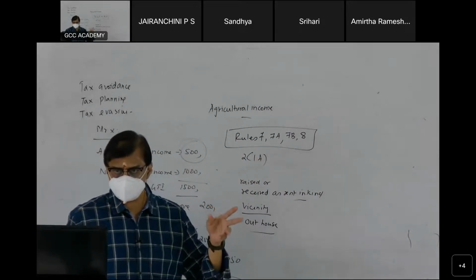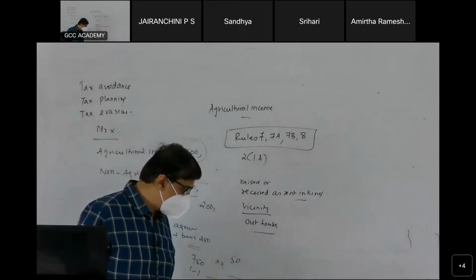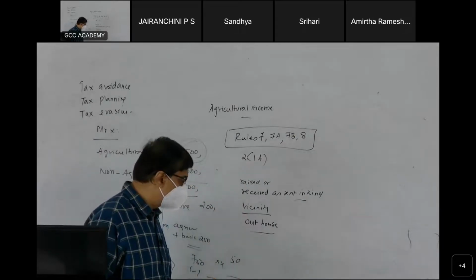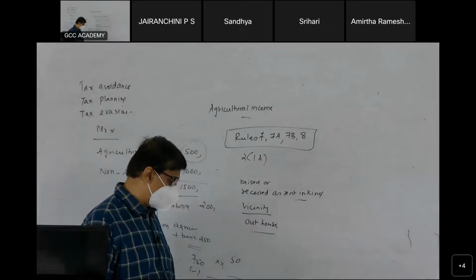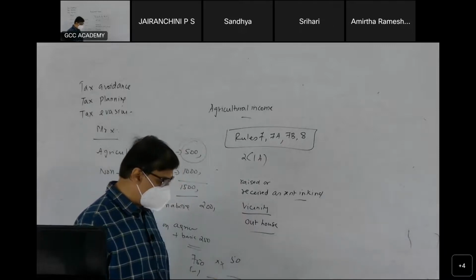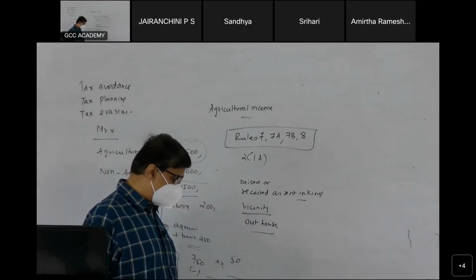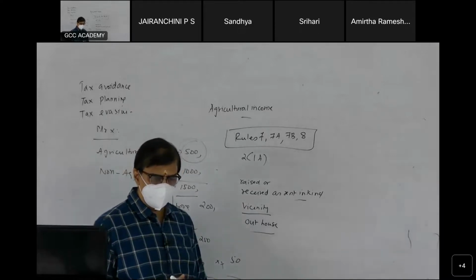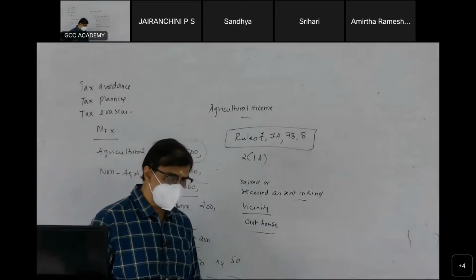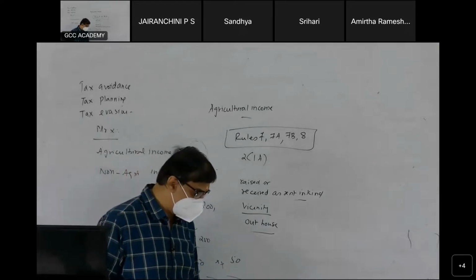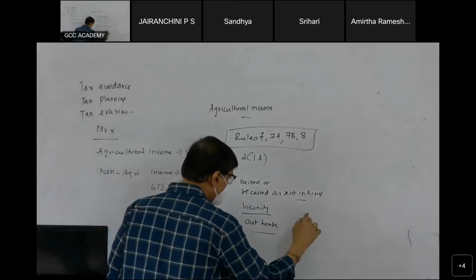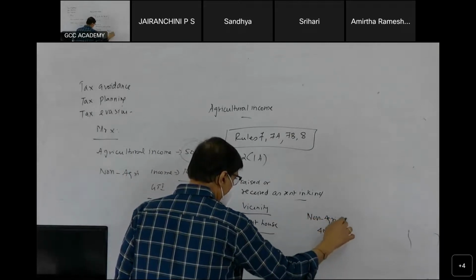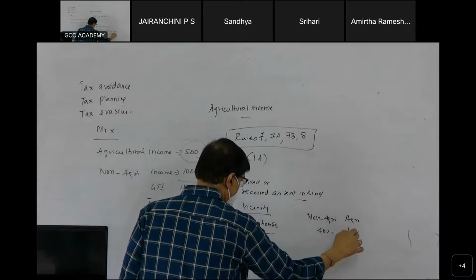I already told you tea business, coffee business. So make a note, growing and manufacturing of tea in India. So you are actually growing tea and manufacturing tea. That means you are processing and selling it. Non-agricultural income is 40% and agricultural income is 60%.